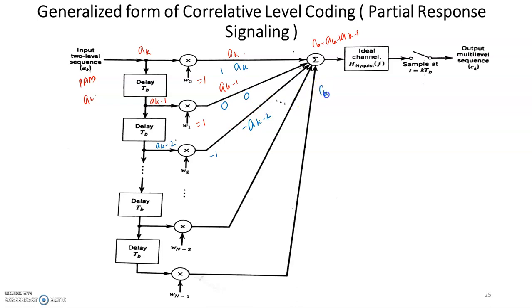Your output CK will be the sum of these three, that is AK plus 0 minus AK minus 2. This is what we have seen in the case of modified duobinary coding.